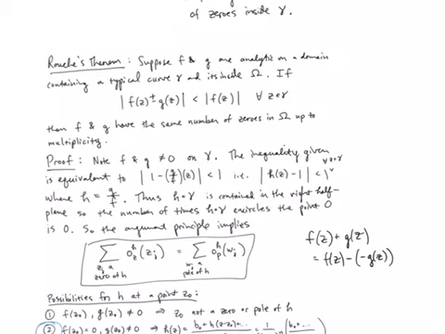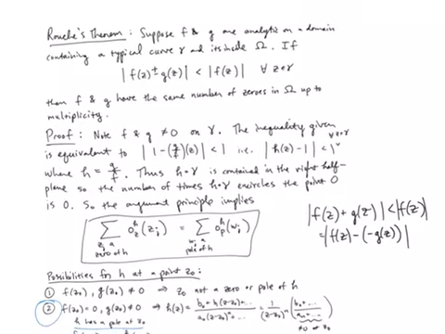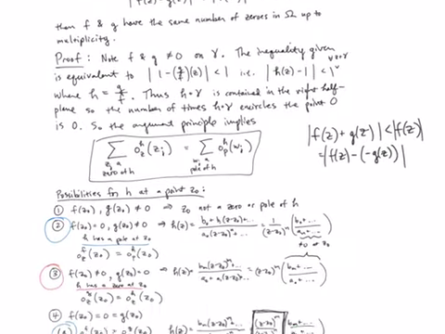So if you have this hypothesis for plus g of z, that's the same hypothesis for negative g of z, right? So you would conclude that f of z and negative g of z have the same number of zeros, but the number of zeros for negative g of z is the same as for g of z. So Rouche's theorem works whether you have a plus or a minus there.